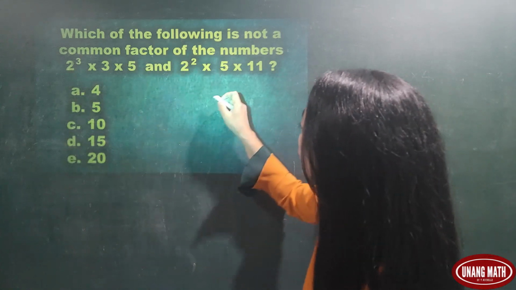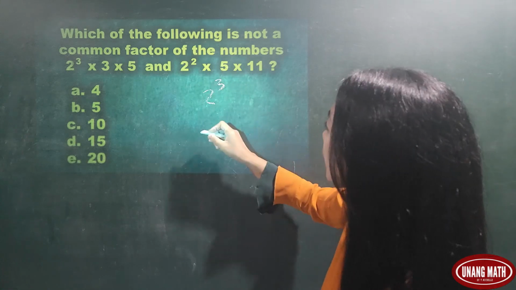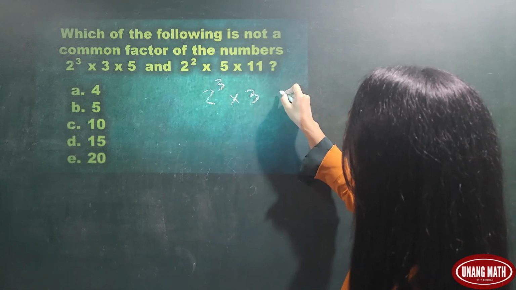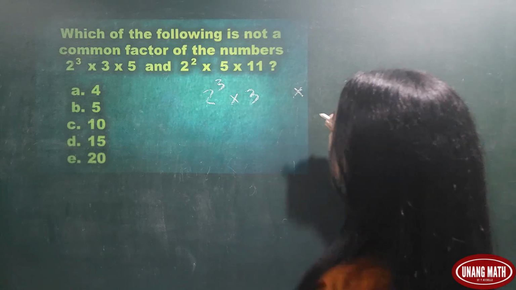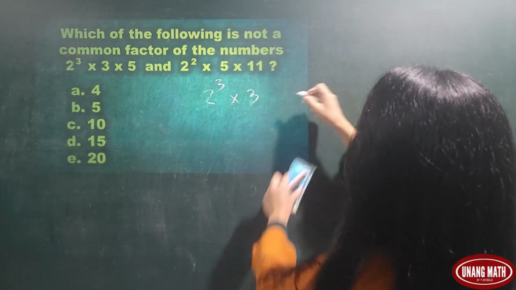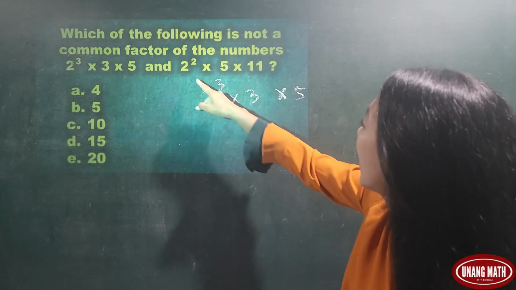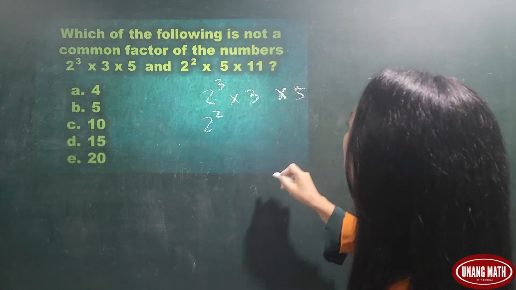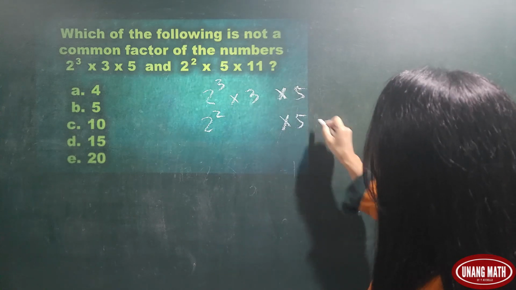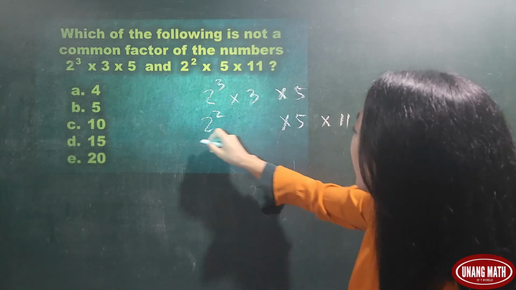So we get 2 raised to the power of 3 times 5, and 2 squared times 5 times 11.